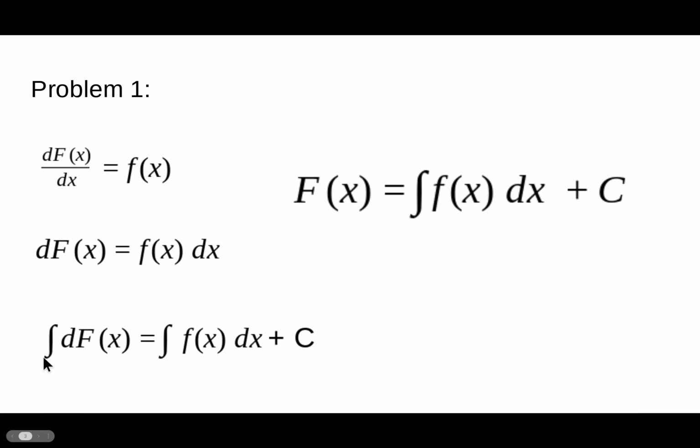That's the squiggly S. And when we do that, we cancel out this and the d for this side. And we get to our final result: F of x is equal to the indefinite integral of f of x dx plus c. And I'll get over to why we need that c later.